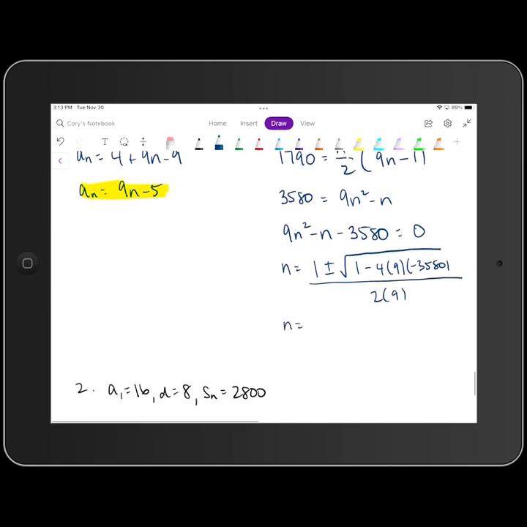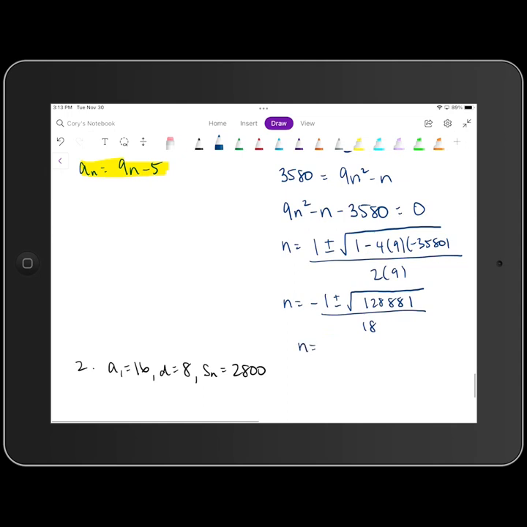That makes n equal to negative 1 plus or minus. That radical winds up becoming 128,881 all over 18.